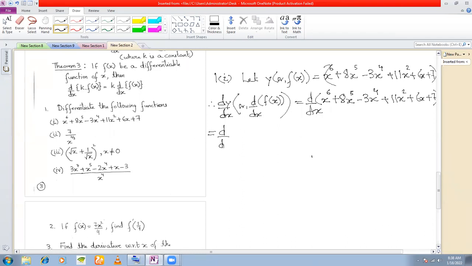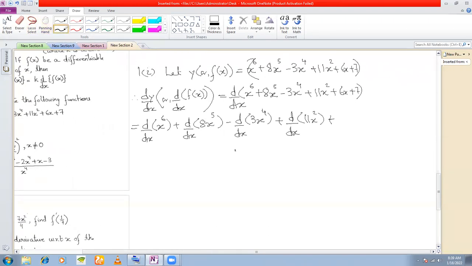So you can write this as d/dx of x to the power of 6 plus d/dx 8x to the power of 5 minus d/dx 3x to the power of 4 plus d/dx 11x square plus d/dx 6x and finally d/dx of 7. You have distributed the differentiation over each of these functions.